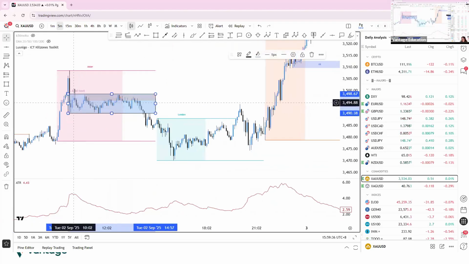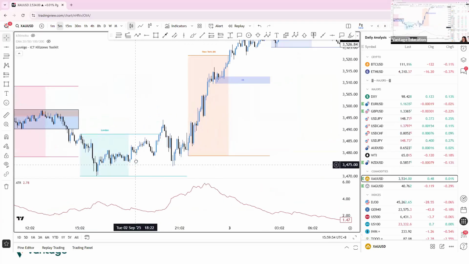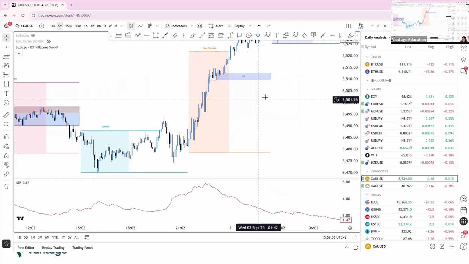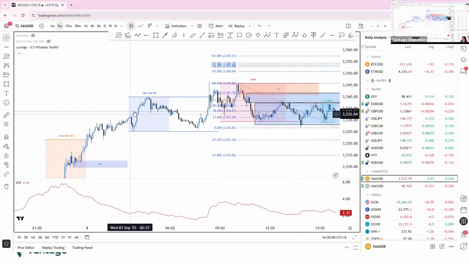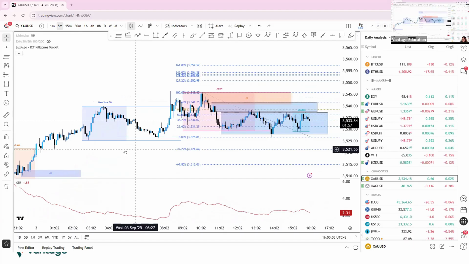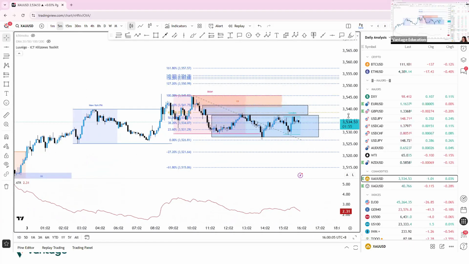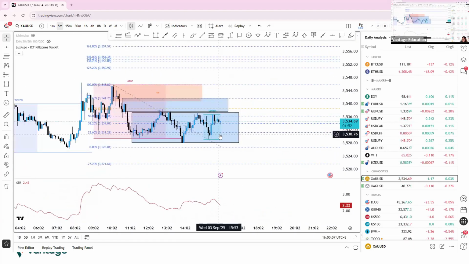I caught the sell here and then it was ranging. After that, you can see it broke below this support level or the box, and then you can see the pullback at 3490 and all the way down to 3469, and after that the London session came up. You can see it going all the way up there within the New York PM, going back up again and ranging. I think it looks similar to yesterday now.